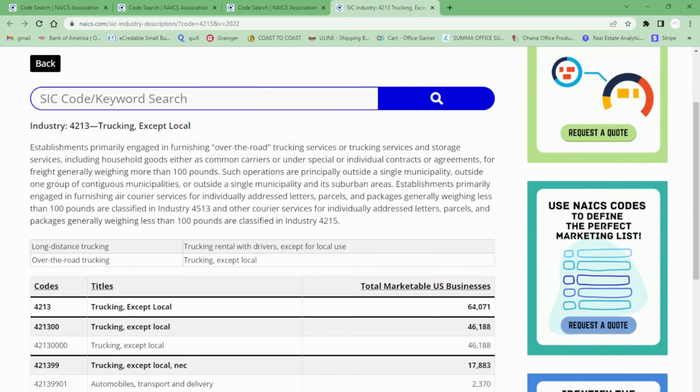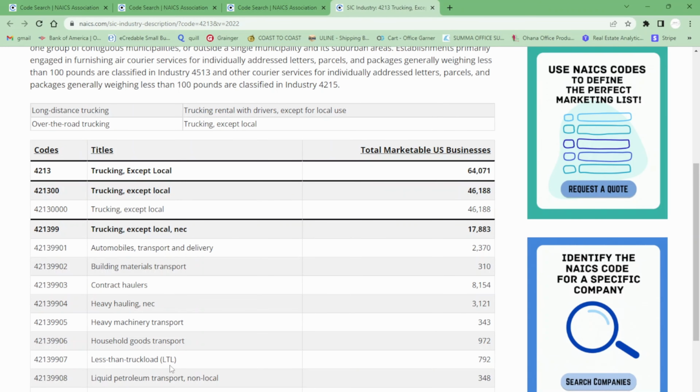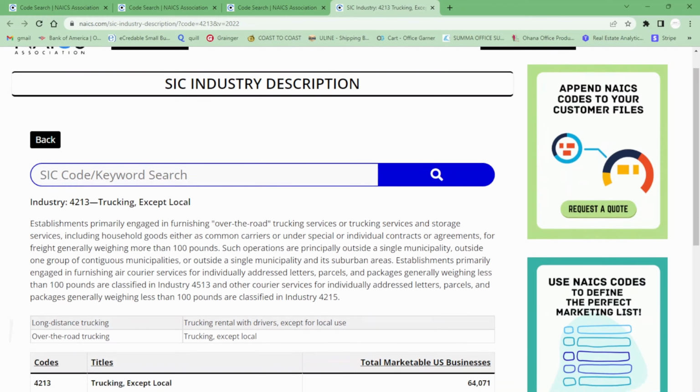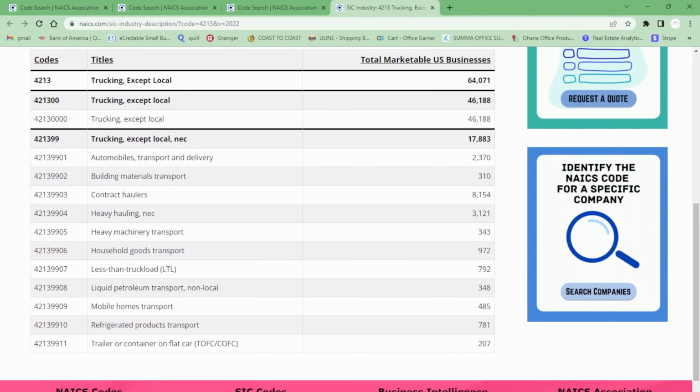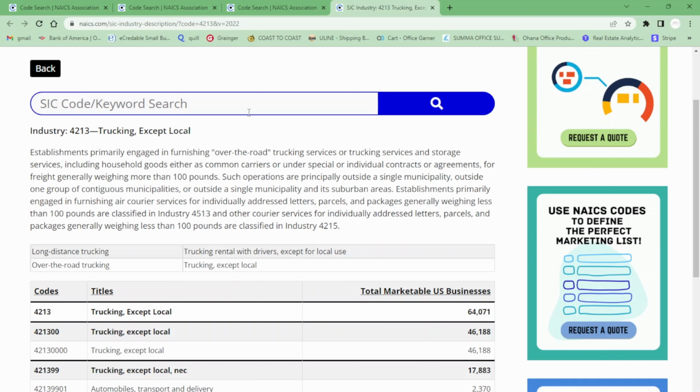All right, so here is the list of NAICS codes you can use for your trucking industry. Here we go, right here. Clear as day. Like I said, to get more accurate results, click the search and type in specifically what you're trying to do, because it's probably faster to do it that way.